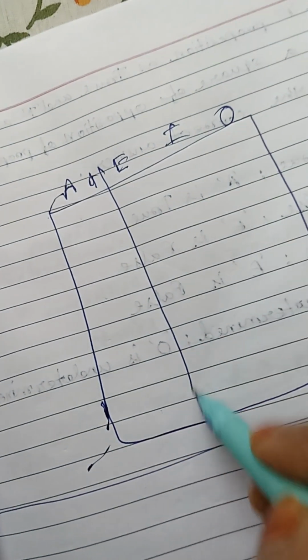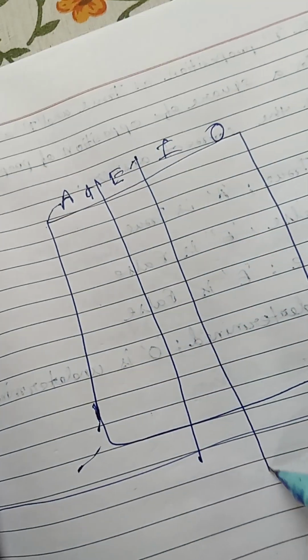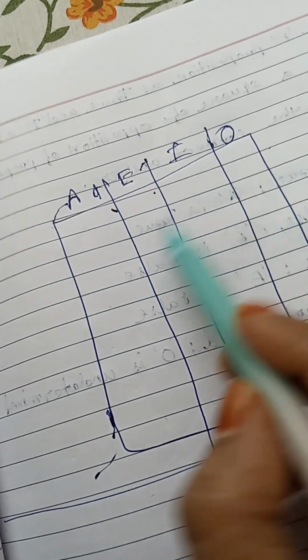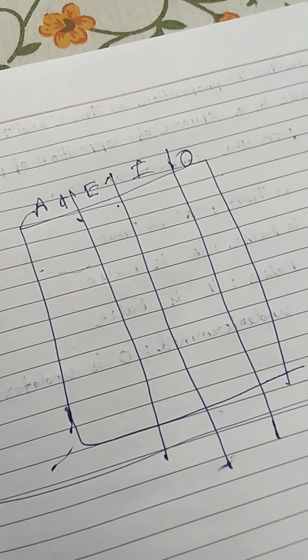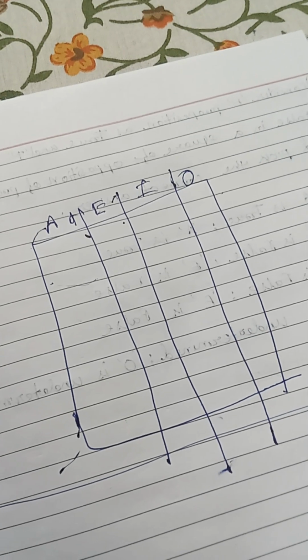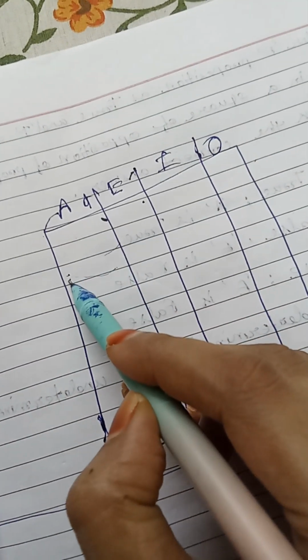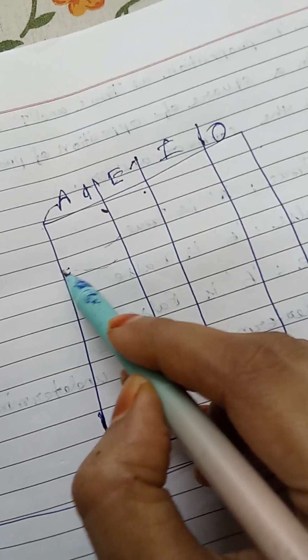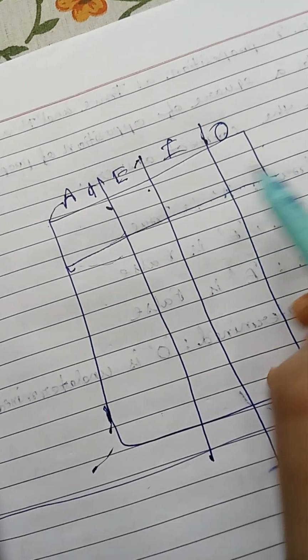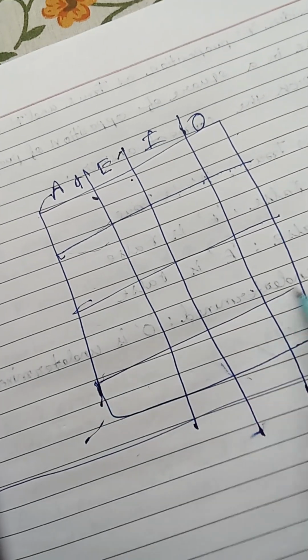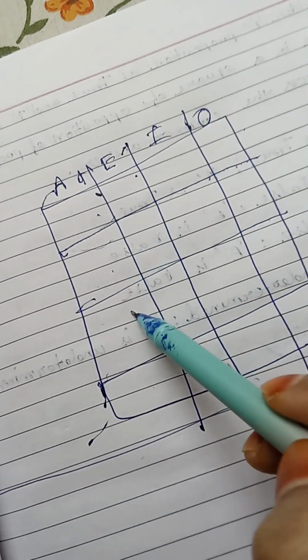Now segregate the lines, A, E, I, O. Column wise, I am emphasizing that column wise everything we will assume. What is meant by column, I am now telling. Four boxes there, 1, 2, 3, 4.